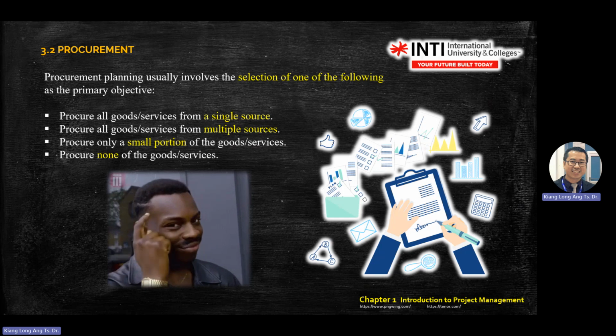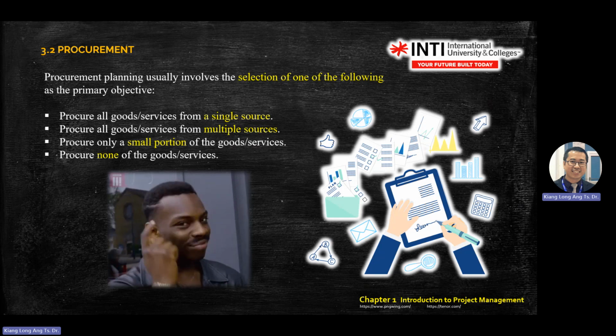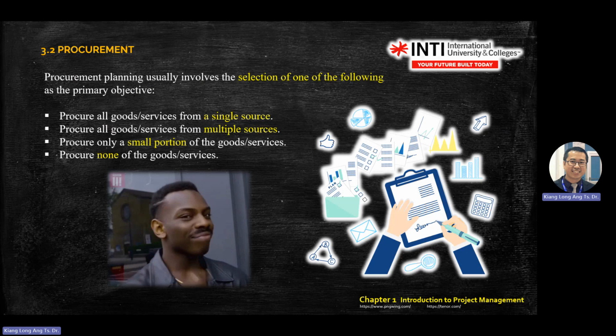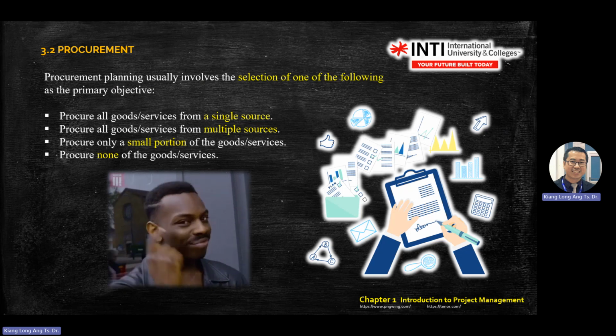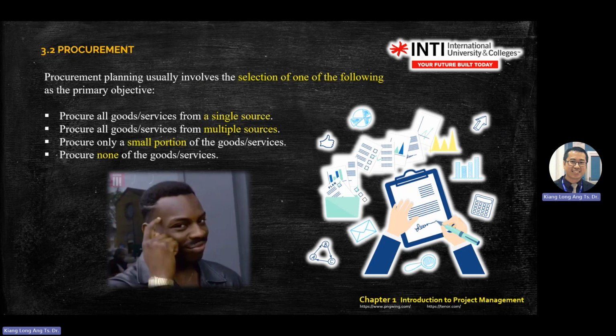Procurement will set one of the following. There are 4 decisions in the procurement process. Either purchase all from a single source, purchase all from multiple sources, third, you buy only a small portion of the services or goods, or you do not do any procurement.